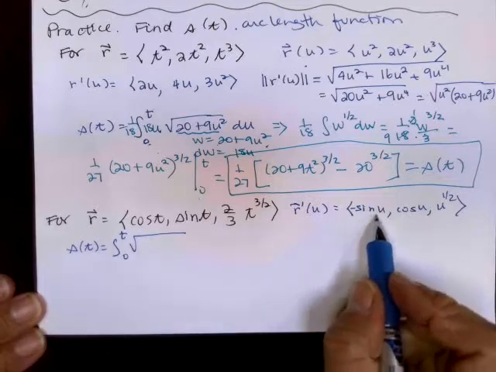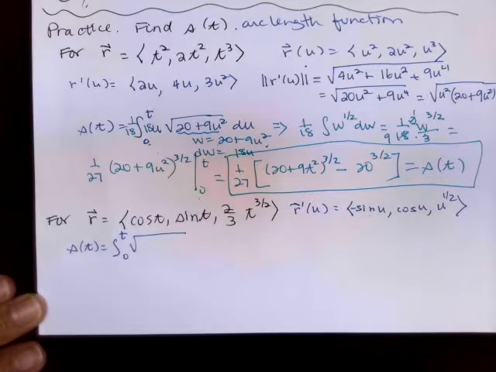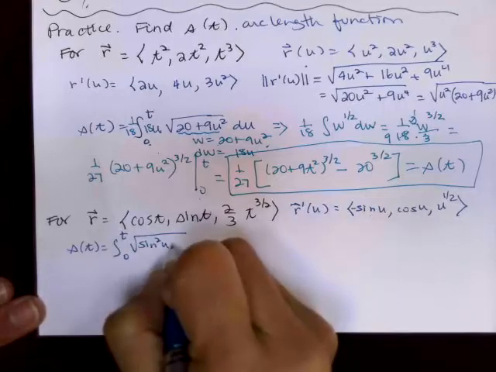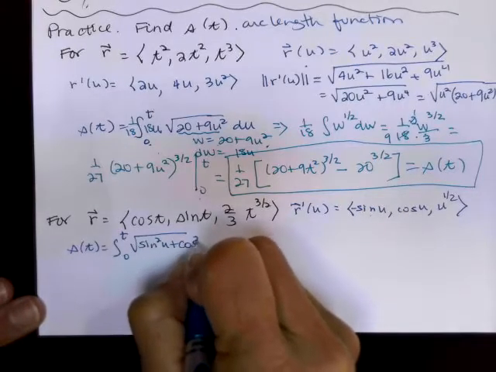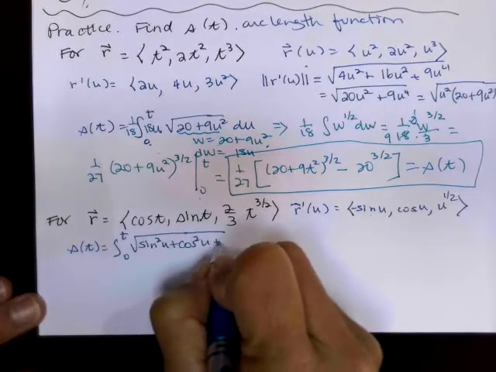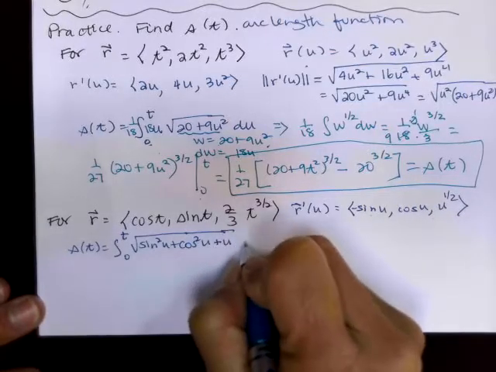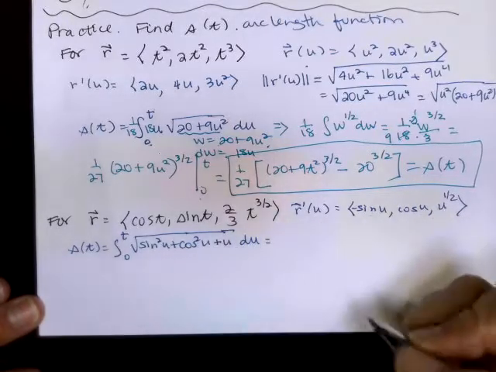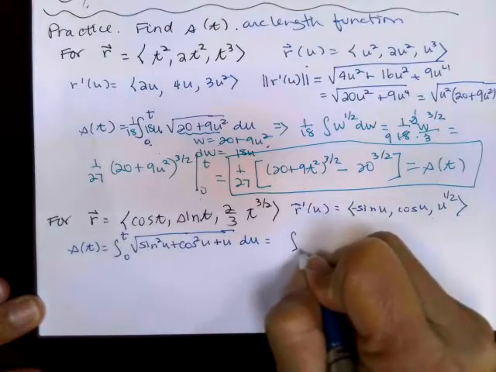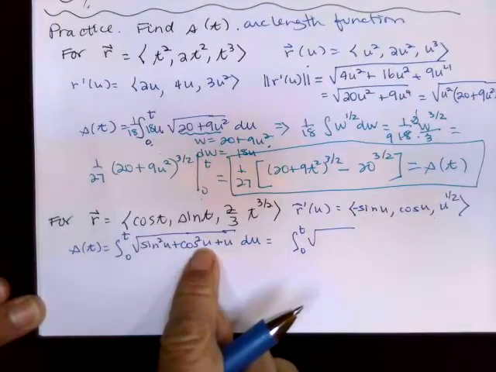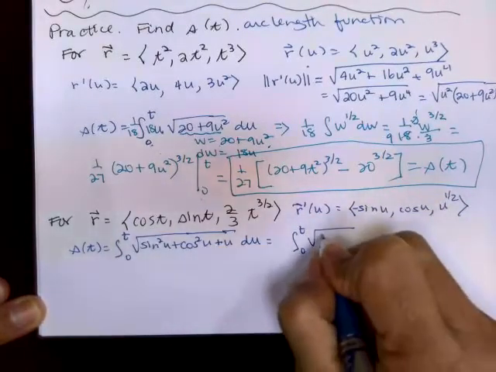So negative sine of u quantity squared is sine squared u plus cosine squared u plus, so u to the 1/2 squared, that's just plus u du, 0 to t. Okay, so Pythagorean identity, there's 1 plus u du.